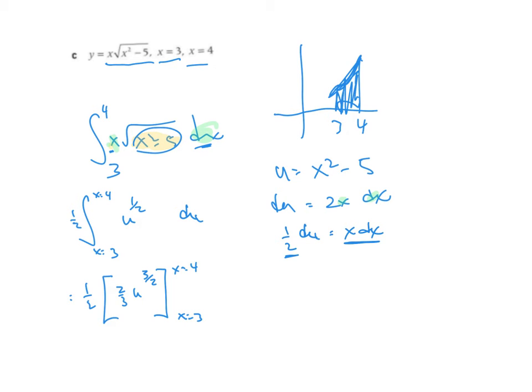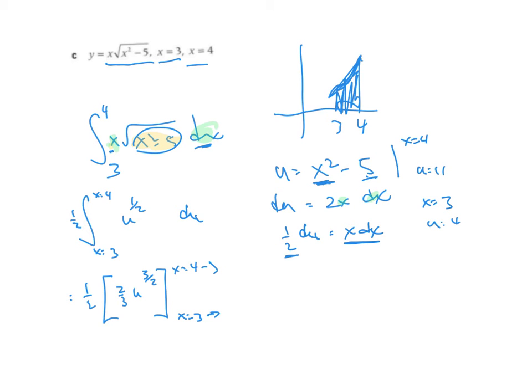One of the things I can do, which I've not shown you before, is convert these x values to u's. When x equals 4, u will be 16 minus 5, which is 11. When x is equal to 3, 9 minus 5, u is equal to 4.